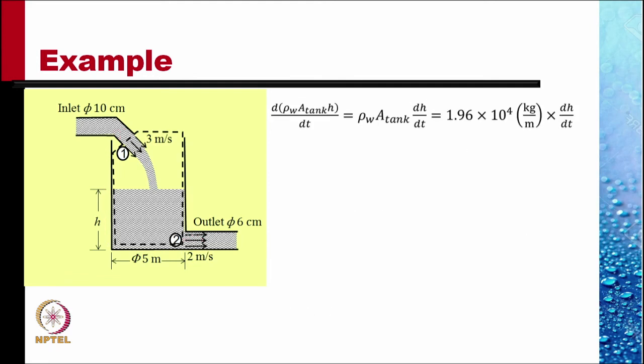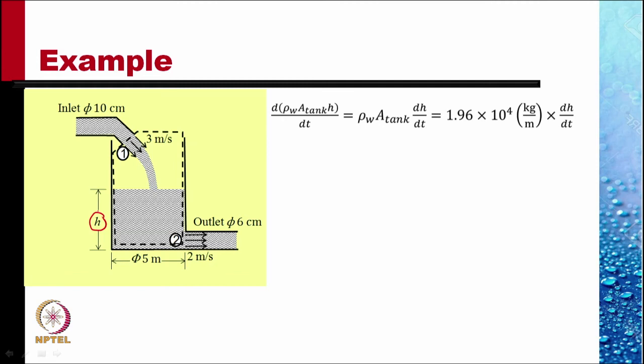So if we apply the mass balance equation, the first term is the rate of accumulation of mass, which is the rate at which the mass of water contained within the control volume changes. The mass of water within the control volume is rho W, the density of water, times the cross-sectional area A of the tank and the height h up to which the water is stored in the tank.